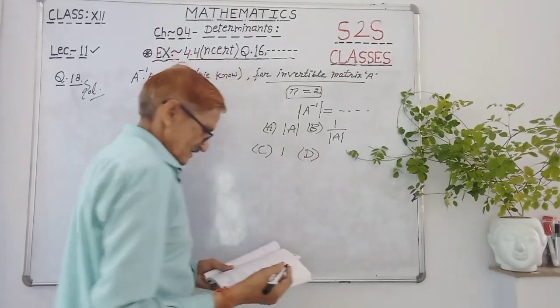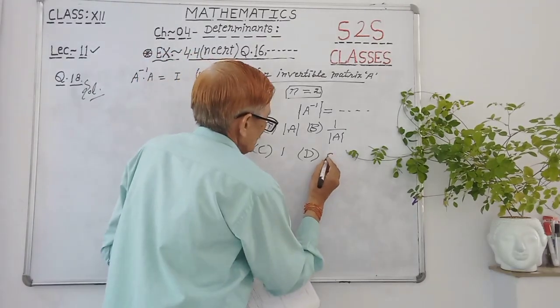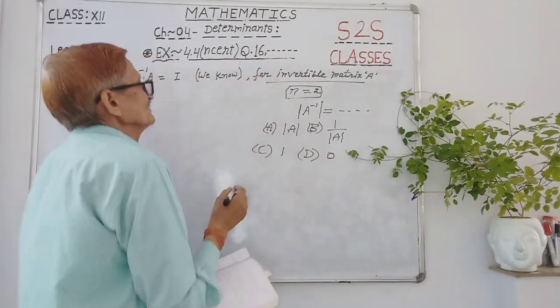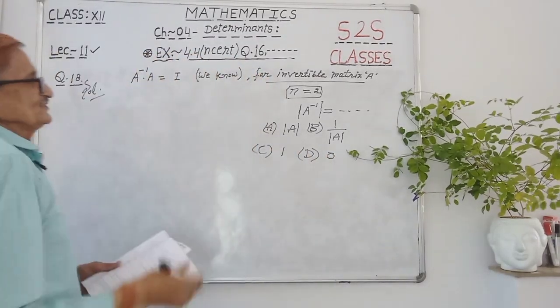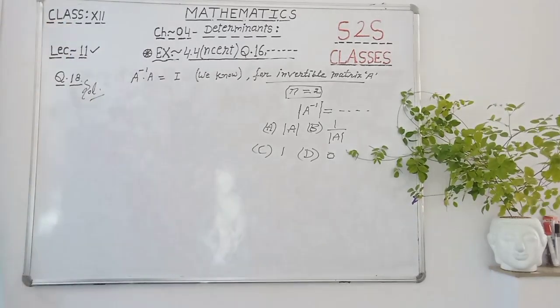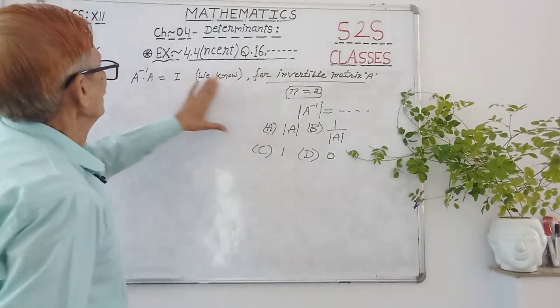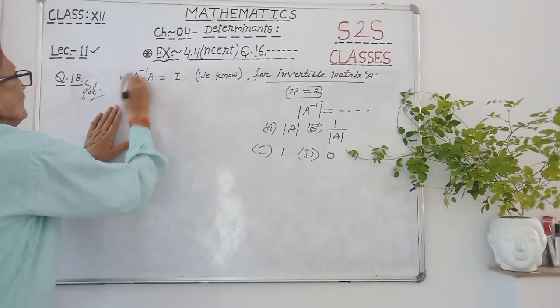D option: 0. These options are given in the question. So how can we check which option is correct?